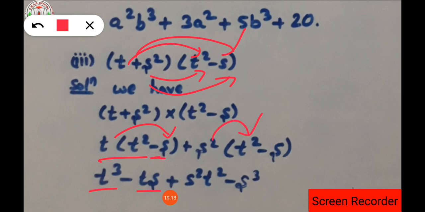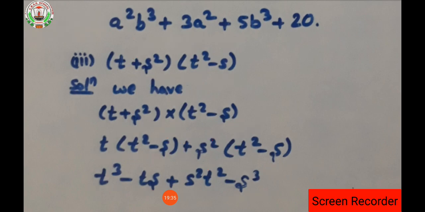When s square multiplies with t square, it will be s square t square, and it will be plus, since here it is plus as well as t square is also plus. Now s square will multiply with minus s, it will become minus s cube. Now all the terms are unlike terms, so we cannot apply any operation over here. That will be the answer.